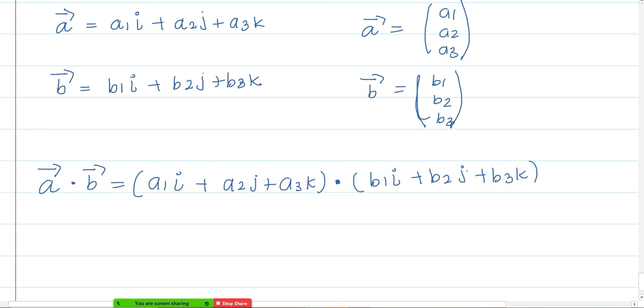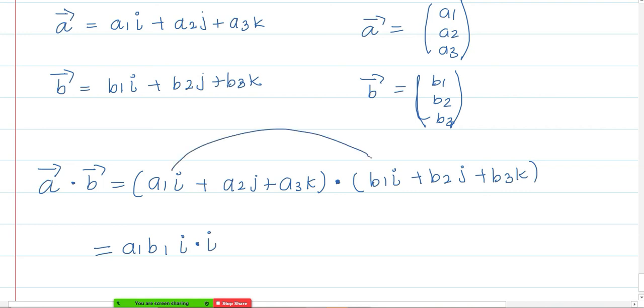If we do that, A1 and B1 go together because those are all constants. So A1 times B1, and you can write I dot I, because you are multiplying this with this.